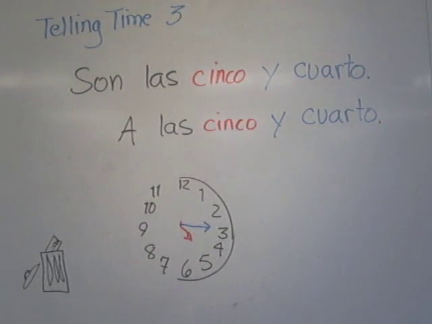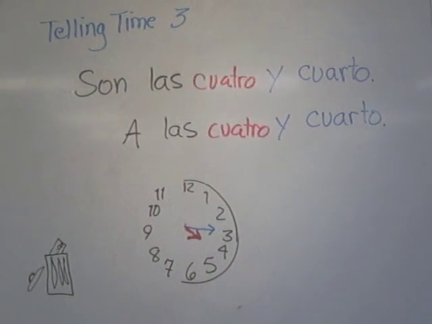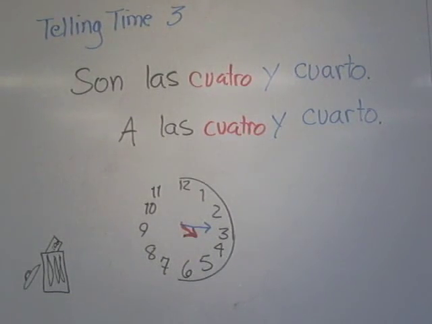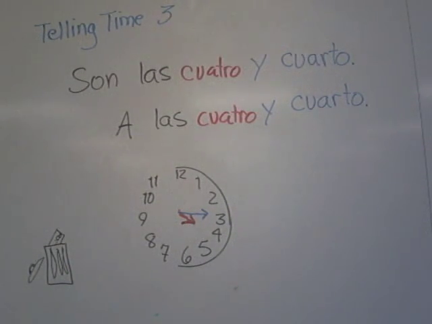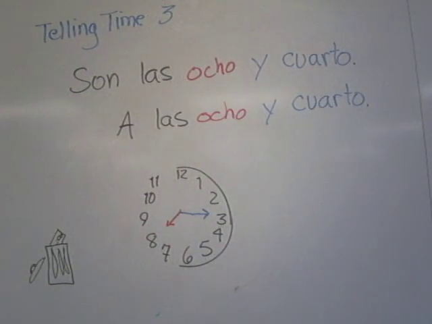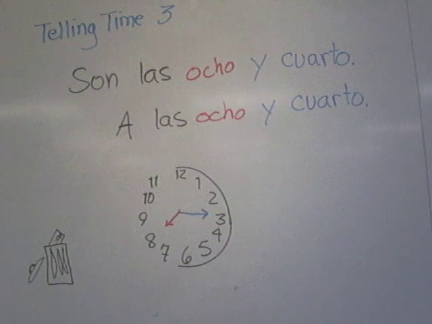5:15 is cinco y cuarto. And here comes the tongue twister. 4:15 is cuatro y cuarto. But you will notice we're only dealing with the right hand of the clock. 8:15 is son las ocho y cuarto, or if I'm doing something at 8:15, it's a las ocho y cuarto.